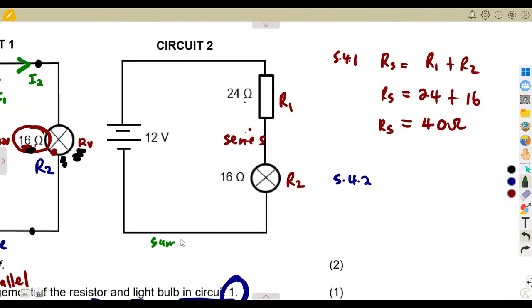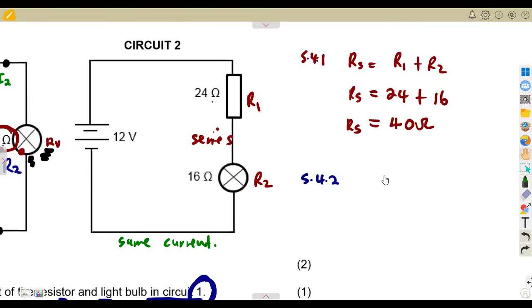So if we have the same current, what does it mean? It means the current through this resistor R1 is the same as the current through the resistor R2, which is our light bulb. We have the same current.